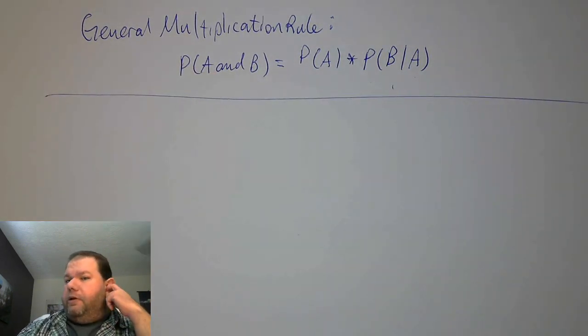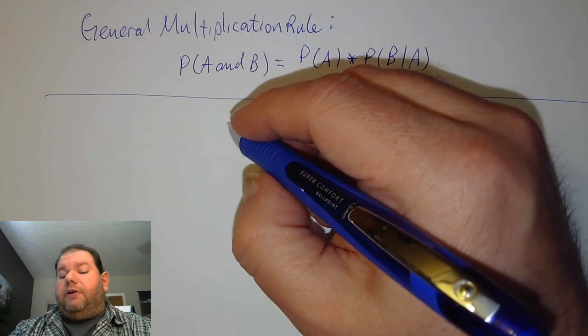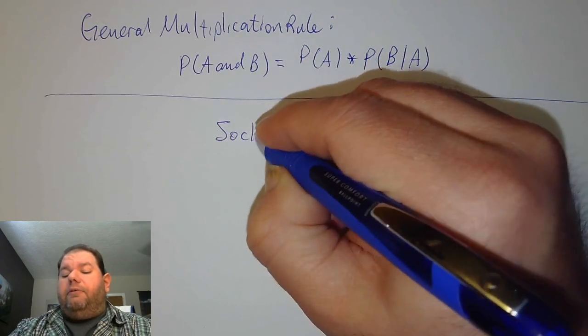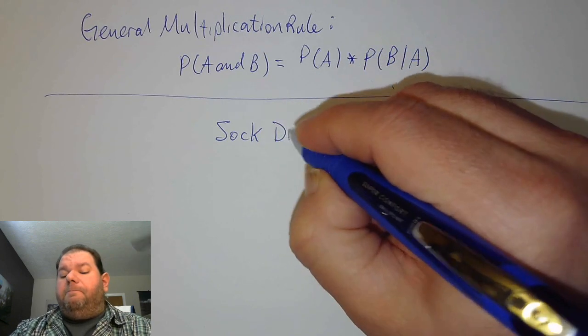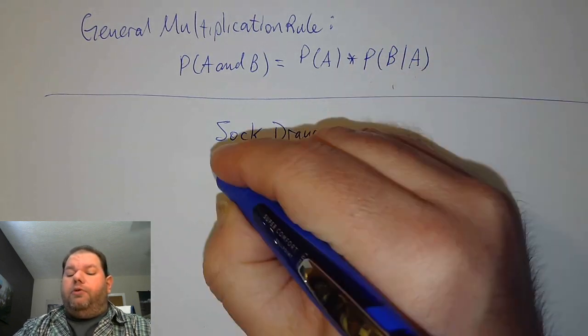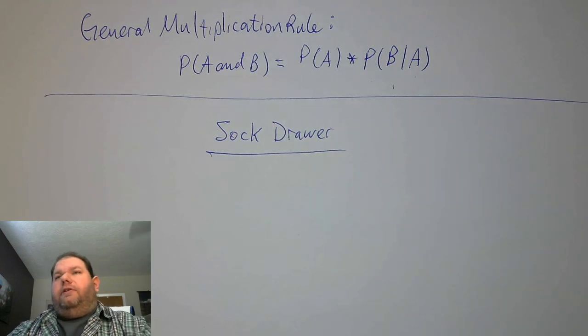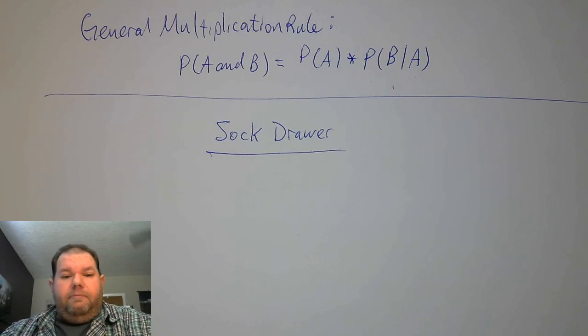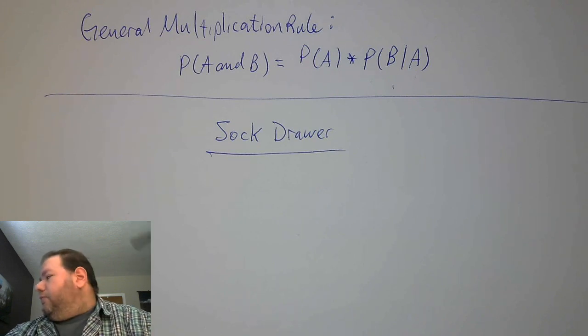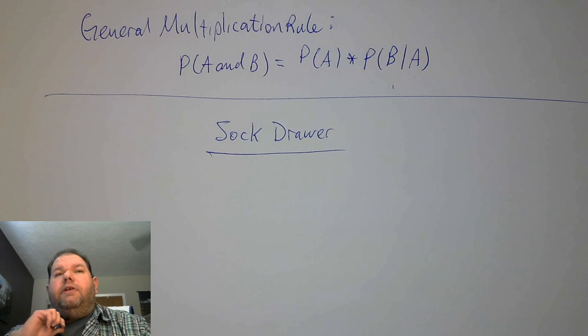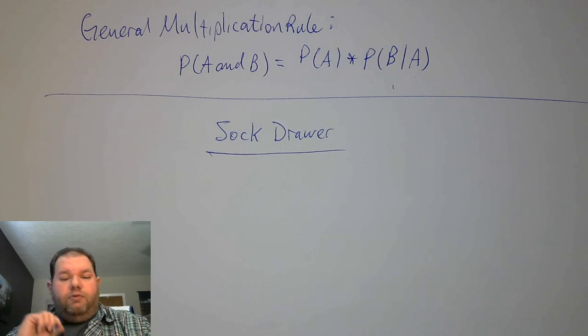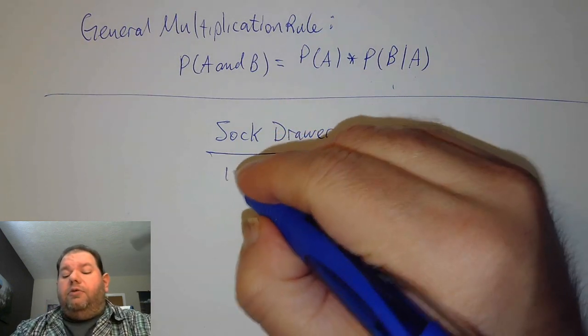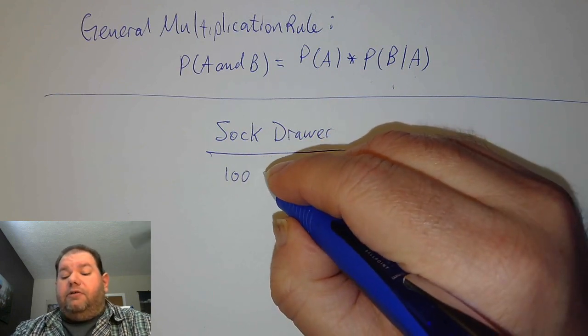Okay. Let's look at my sock drawer. I think we talked about it a little bit last time. We'll go into a little more detail here. Let's suppose this is all theory at this point, because for the purpose of the problem, I'm completely making up what's happening in my sock drawer, for the most part. Let's say that in my sock drawer I have 100 socks total, which, again, that's an exaggeration.